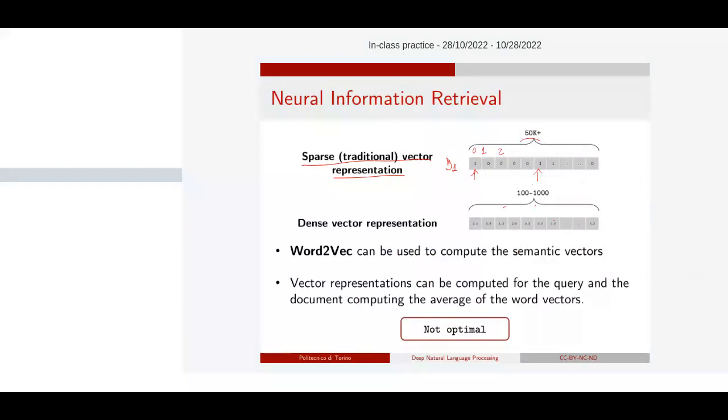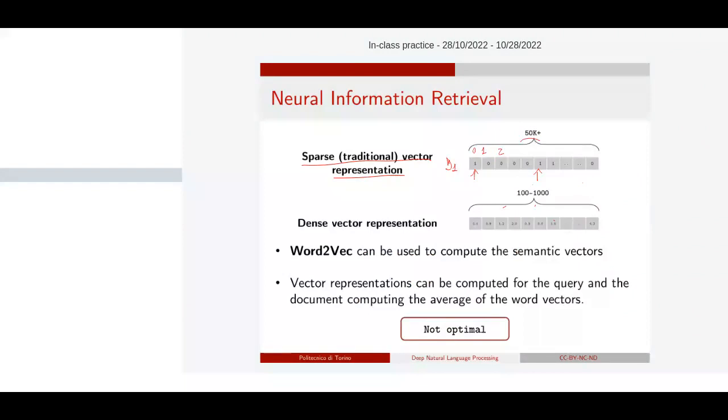So the first thing we can do is to think, okay, I can use word2vec to compute the semantic vectors for my documents. Yes, I can. It's not an optimal solution because I want a vector that represents the entire document. So I don't want a vector for each word. I want a vector for the entire document.